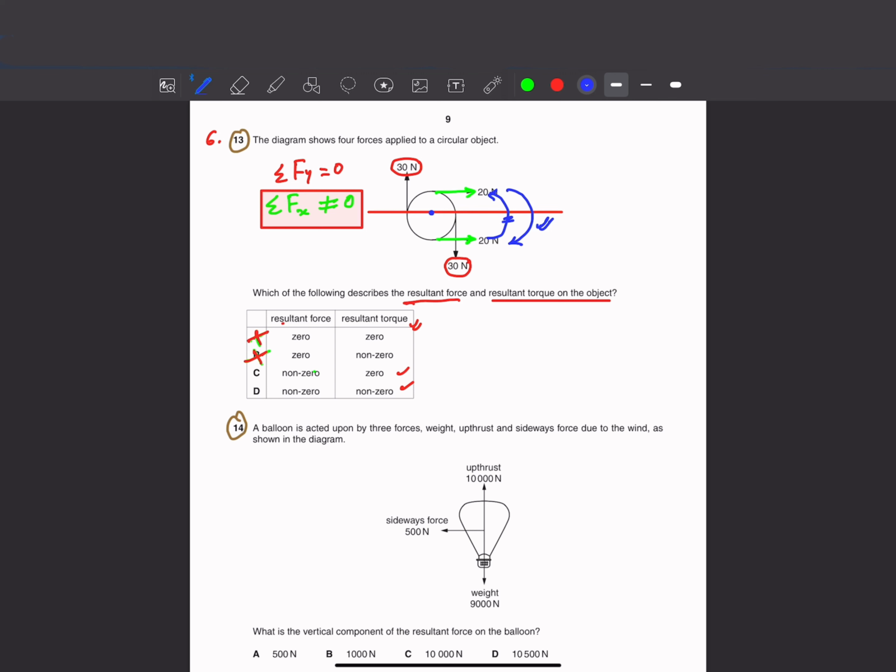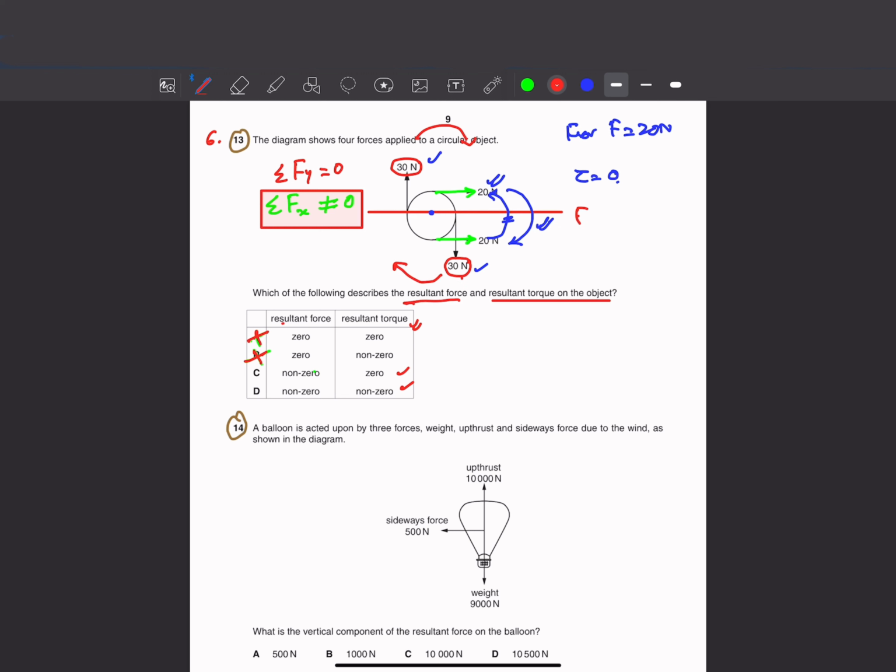So the summation of tau is equal to 0 for these two forces. For the forces of 20 Newton, tau is equal to 0. But when you consider the other forces, you can see that the 30 Newton force is giving you the clockwise rotation, and this 30 is also giving you the clockwise rotation.